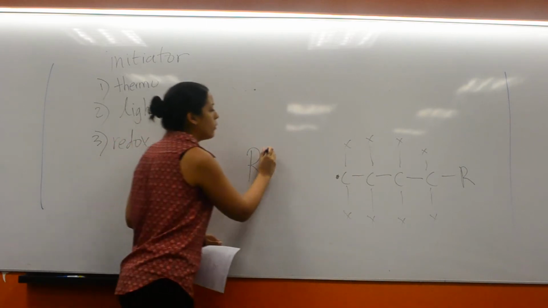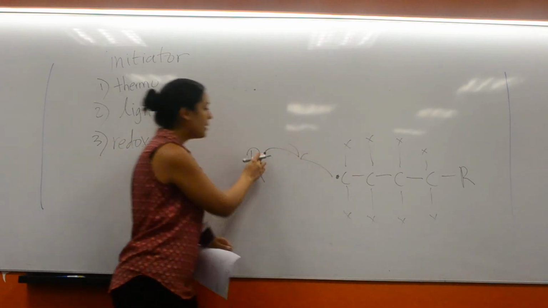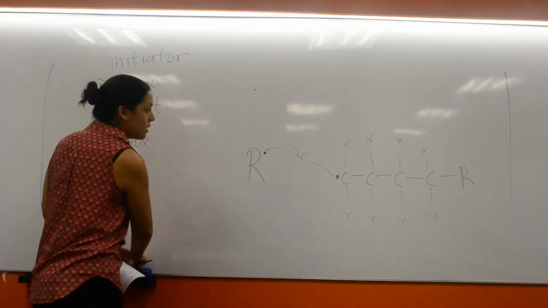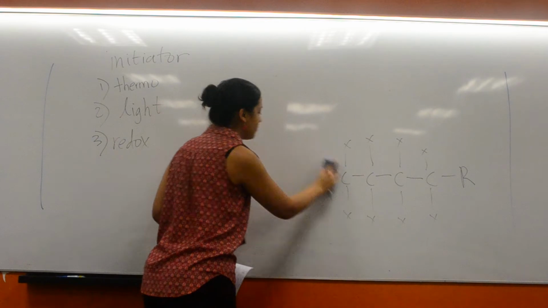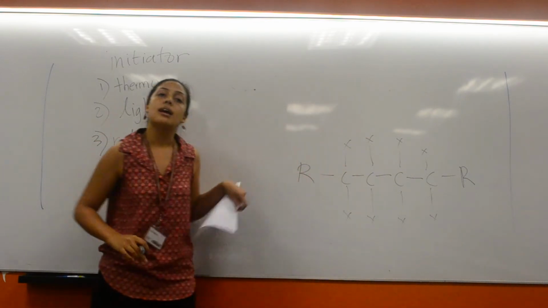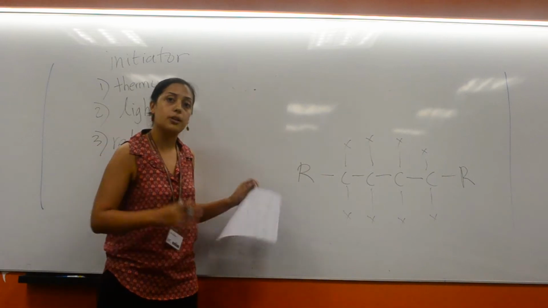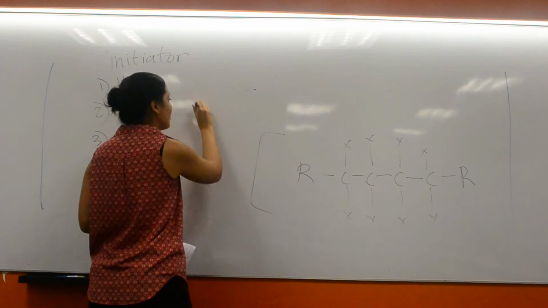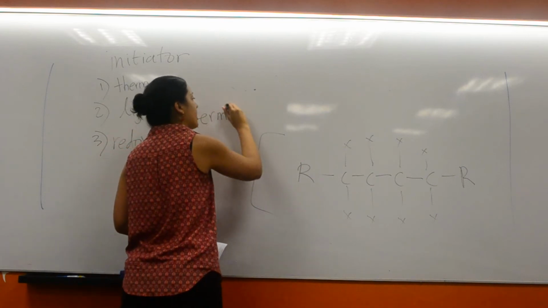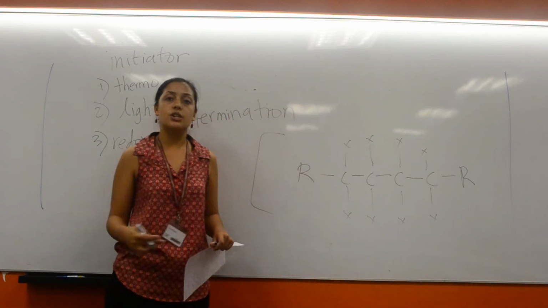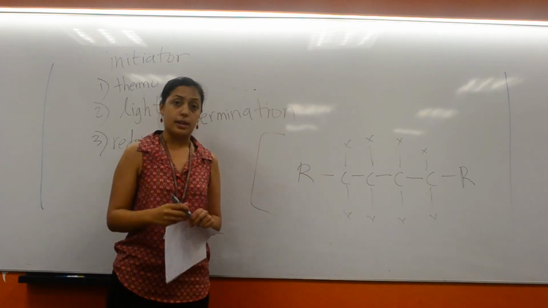Right, and now it's going to form a bond, but it doesn't have another bond. It's not going to have a leftover electron hanging out. So when this occurs, you no longer have a free radical on this molecule. It is stable. It is done. This is called what? Termination. Okay? So initiation, propagation, and termination.